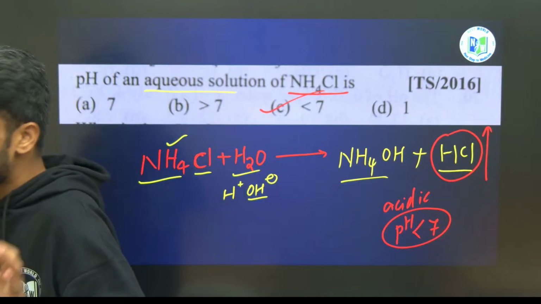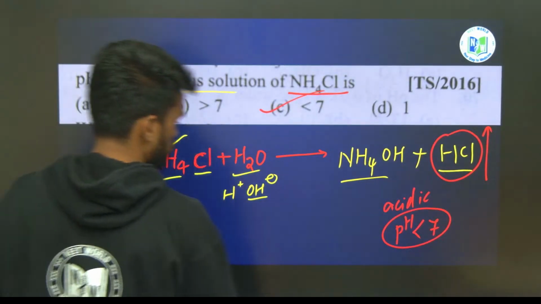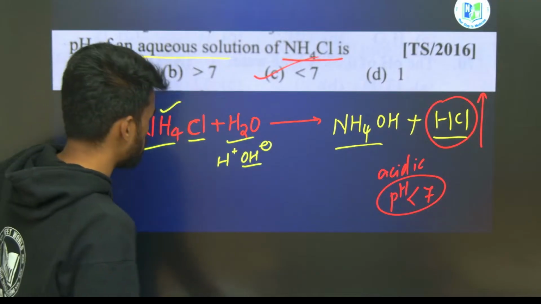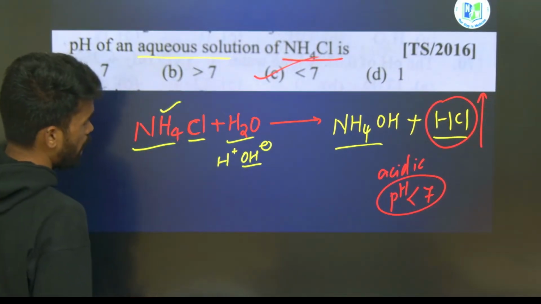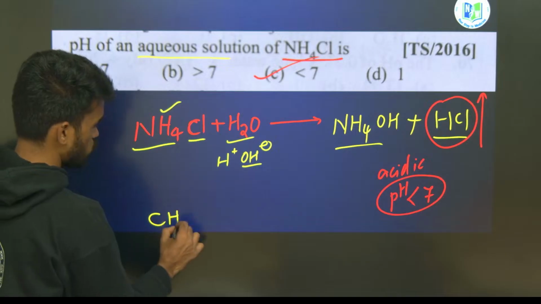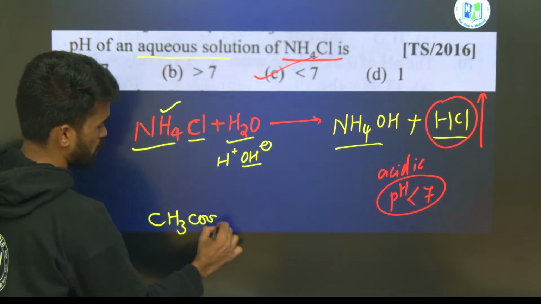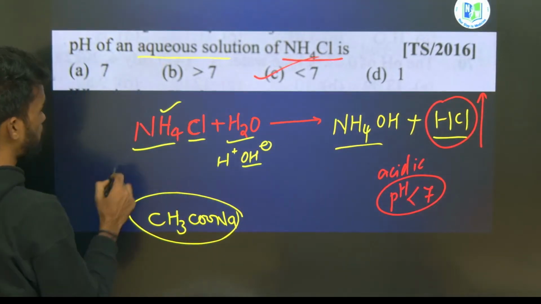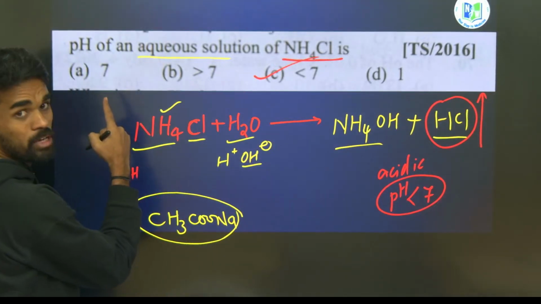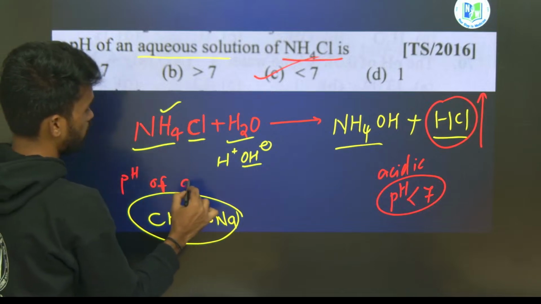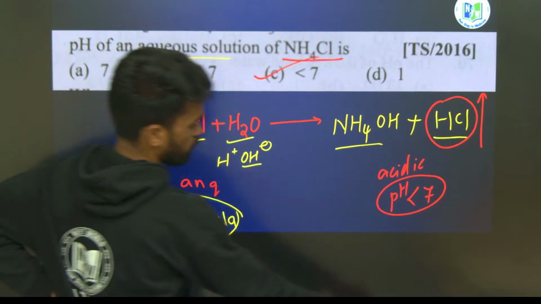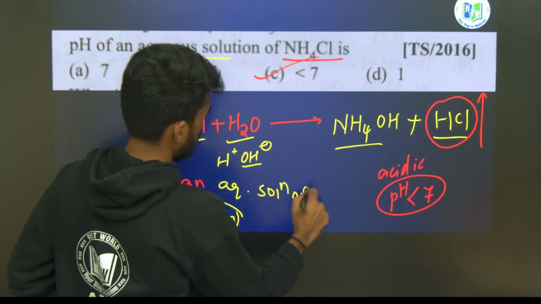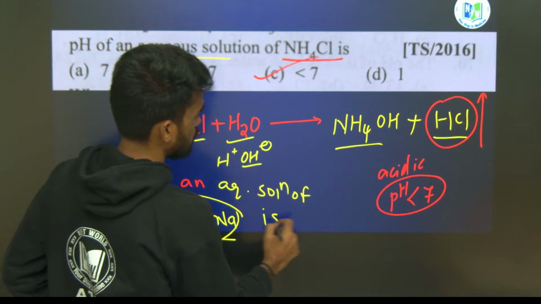Okay, to the same question, I just wanted to make one more similar question here, on a similar concept. I am giving sodium acetate. The pH of an aqueous solution of sodium acetate is what?